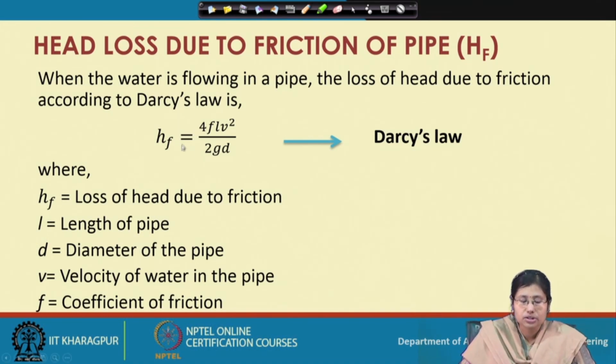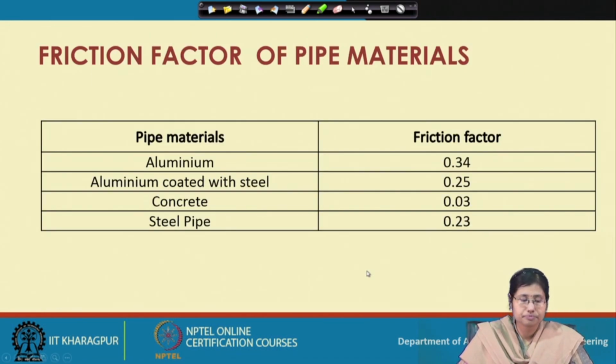This is the head loss due to friction: hf = 4fLV²/2gD, where hf is the head loss due to friction, L is the length of the pipe, D is the diameter, V is the velocity of the flow, and f is the coefficient of friction.